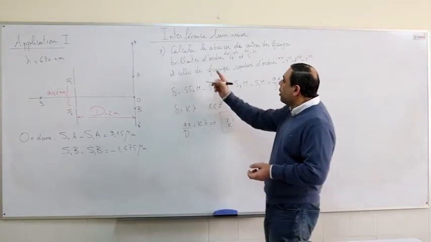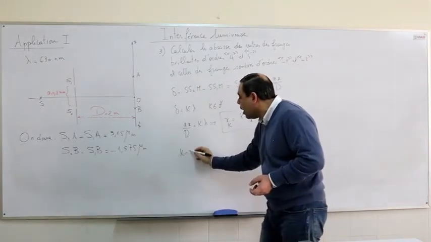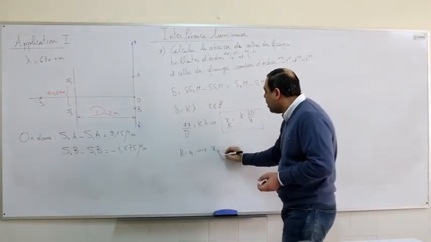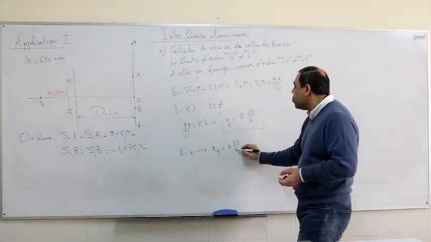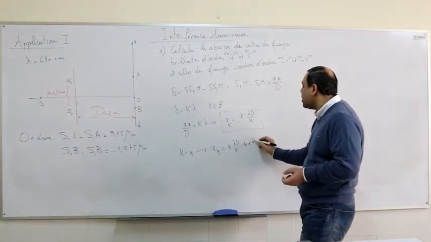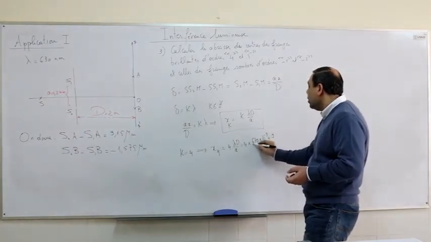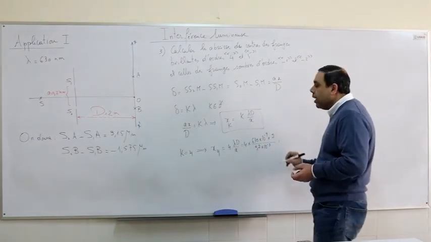Now for the bright fringe of order 4, K is equal to 4. Then X4 equals 4 lambda D over A equals 4 times 630 times 10 exponent minus 9 times 2 over 0.2 times 10 exponent minus 3.